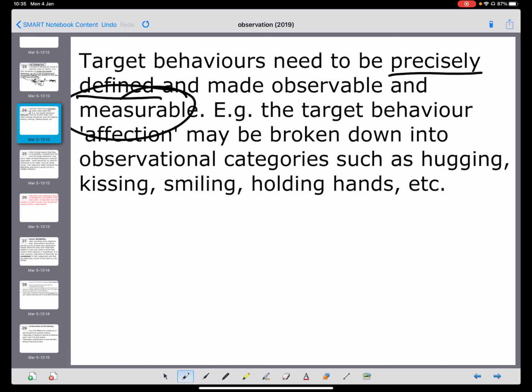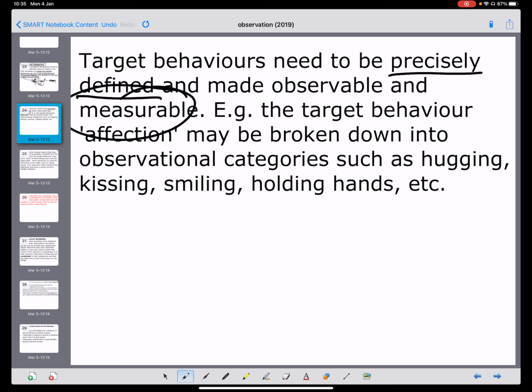So the difficulty that I have here is, of course, behavioural categories are specific to the study. So you need to have a look at past questions and see, can you think of particular behavioural categories to describe a scenario? So maybe think of observations that you might want to make.